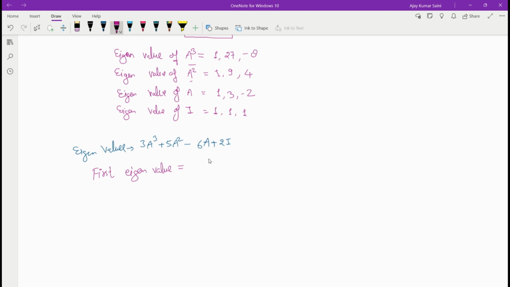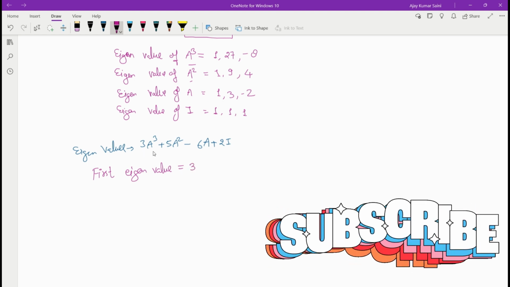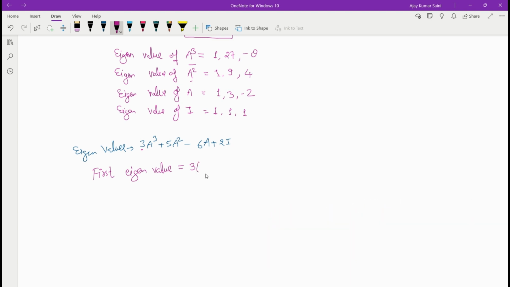I take 3 times 1 for A cube, plus 5 times 1 for A square, minus 6 times 1 for A, plus 2 times the value of I, which is 1.